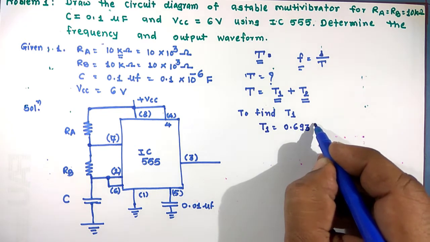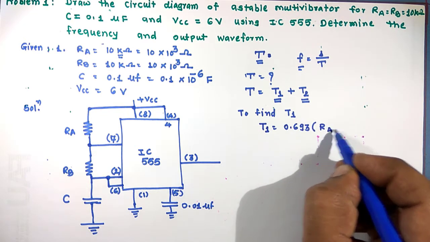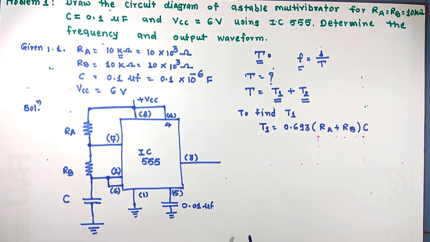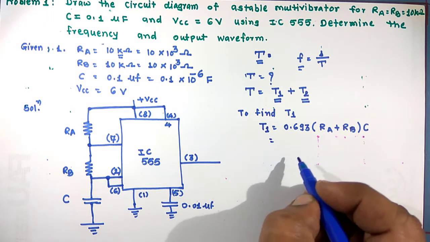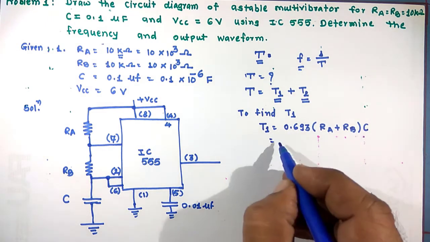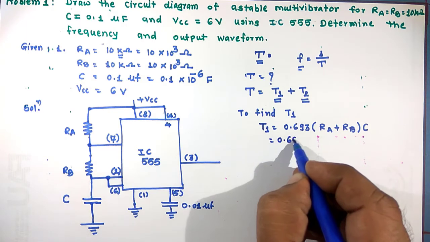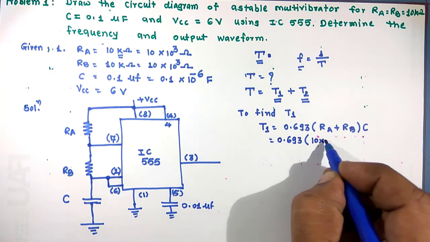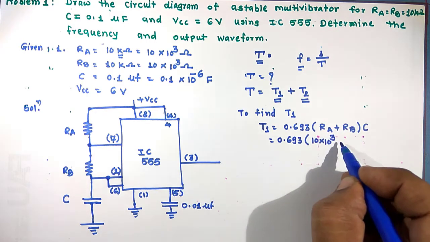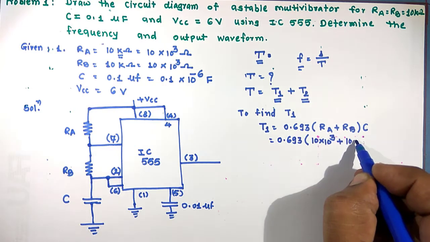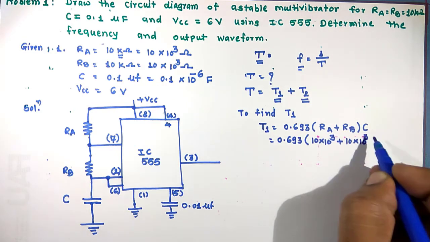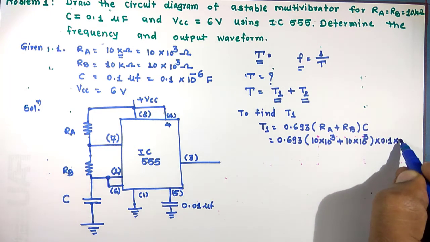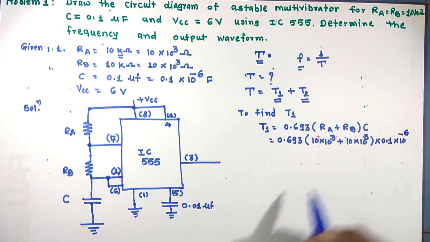0.693 into RA plus RB into C. Let us substitute the values of RA, RB and C in this equation. So we get 0.693 into 10 into 10 raised to 3 plus RB, that is 10 into 10 raised to 3, into 0.1 into 10 raised to minus 6.